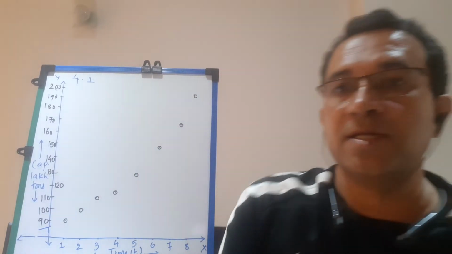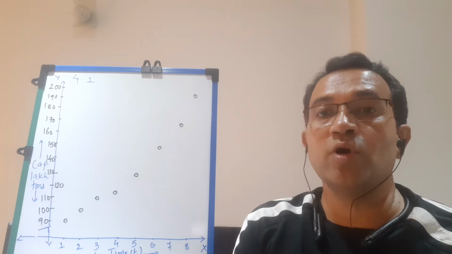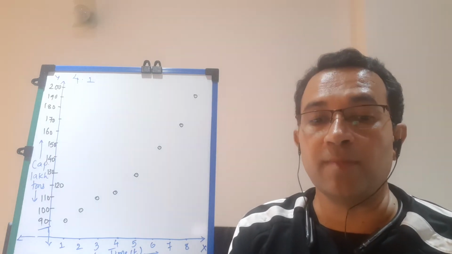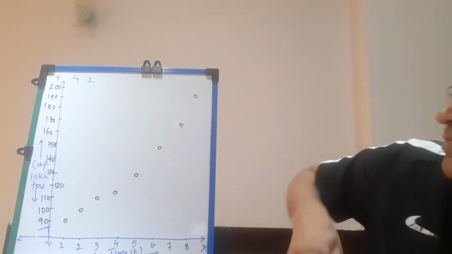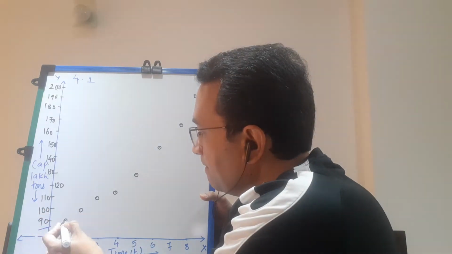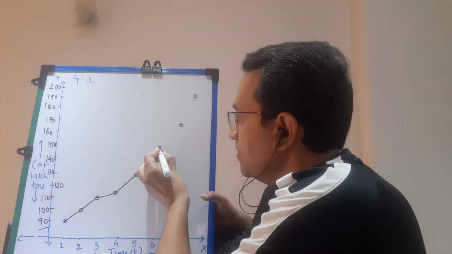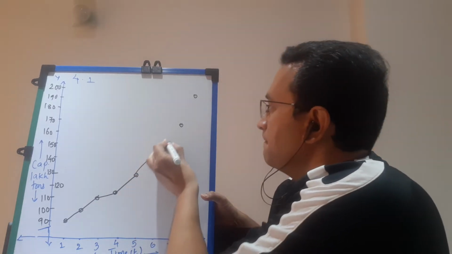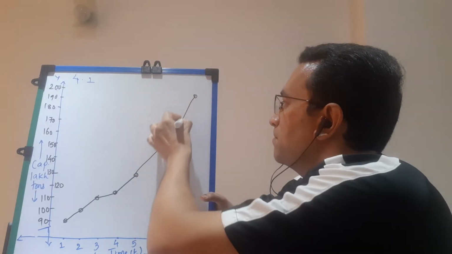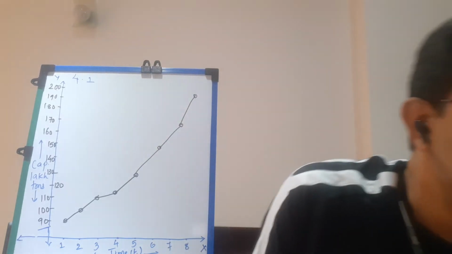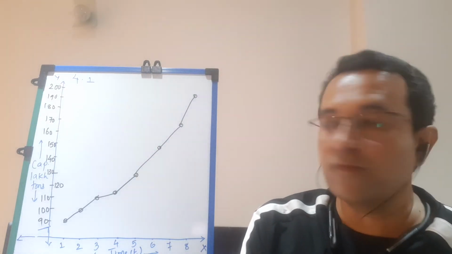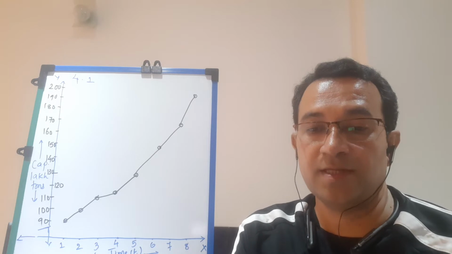Now what is the next step according to theory? We join, students, all these points in order by line segments. And this graph, students, is of original series.